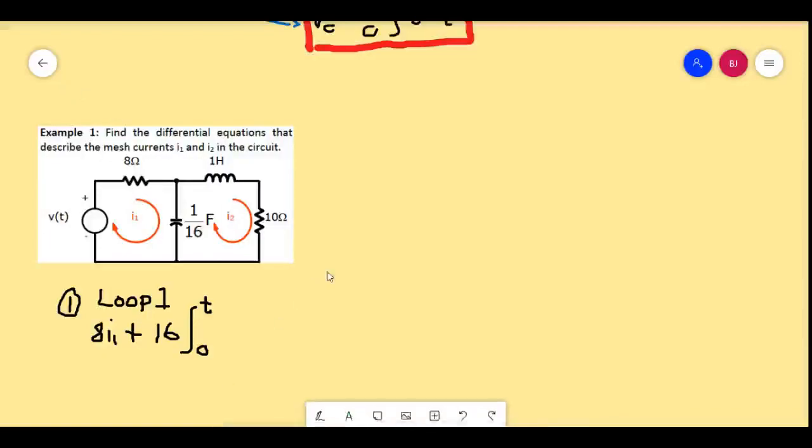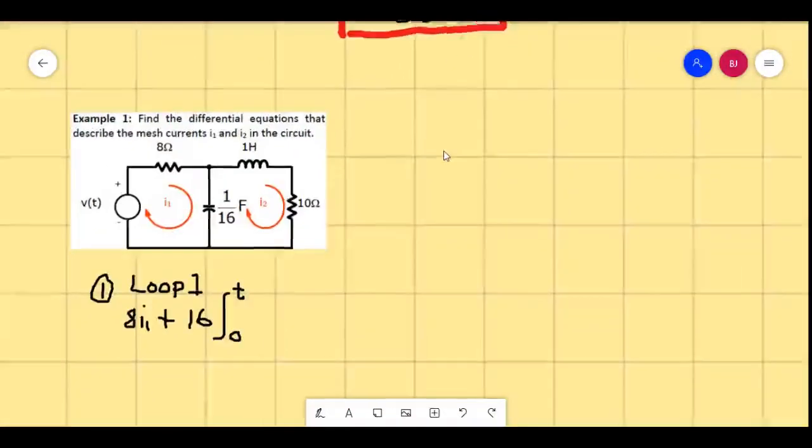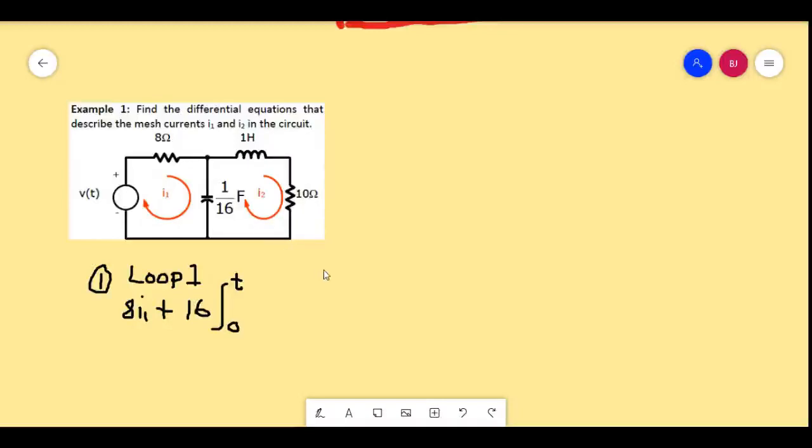So now we have the current, and we need to represent it using the current passing through the capacitor. But unlike the resistor where only I1 is passing through it, the current has two loops going through it: I1 in this direction and I2 in this direction.